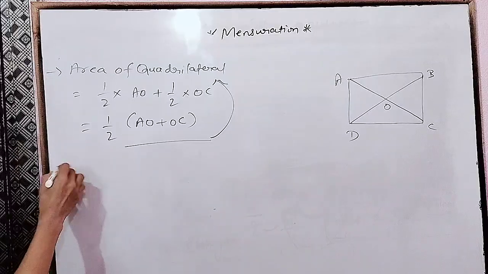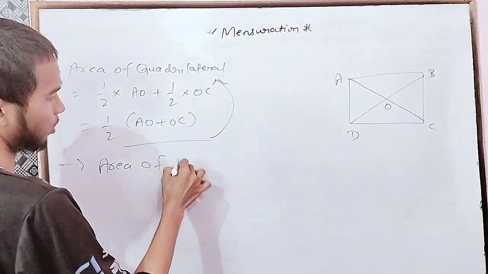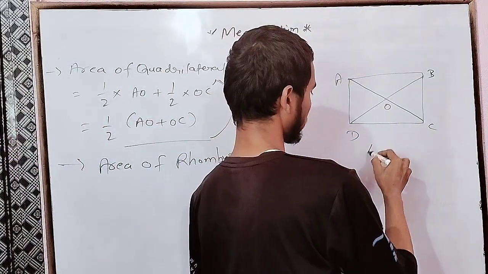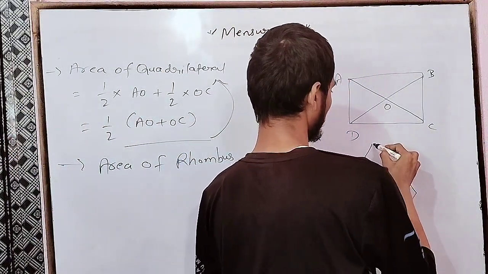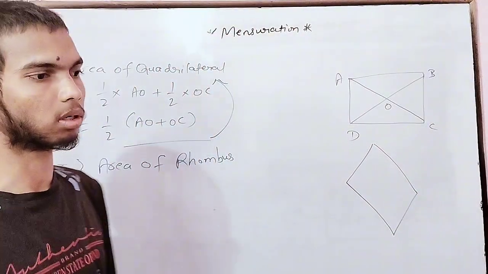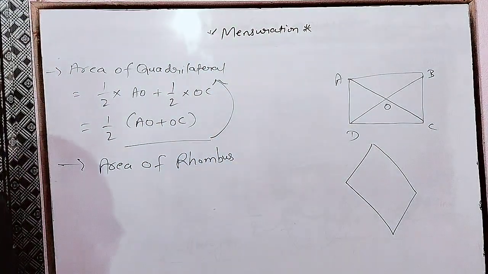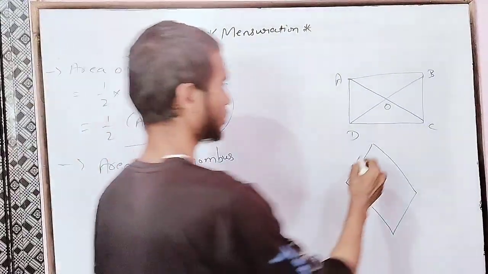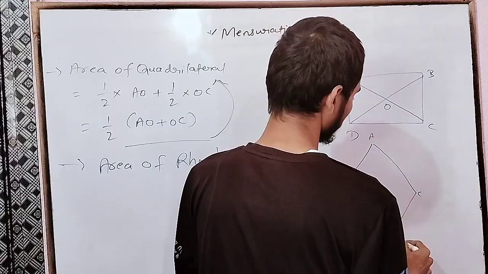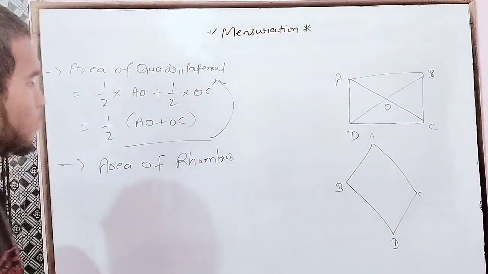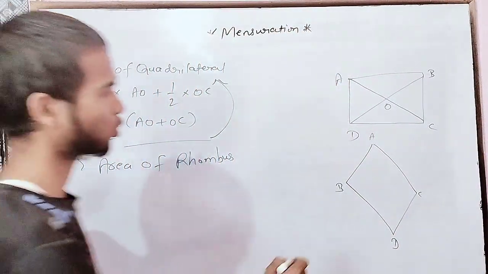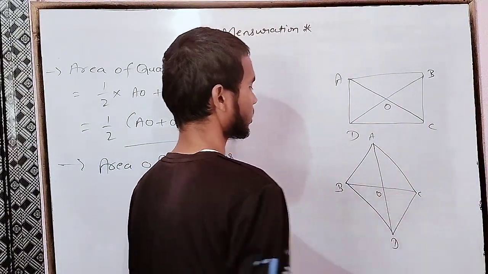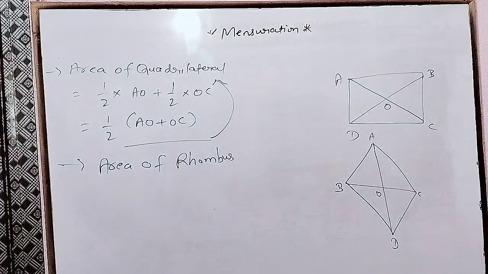Now, area of a rhombus. A rhombus has all sides equal. Here we have two diagonals again. What would be the formula for this rhombus?